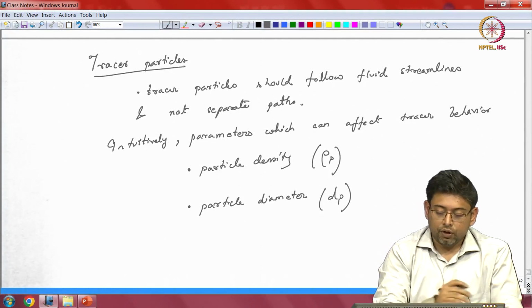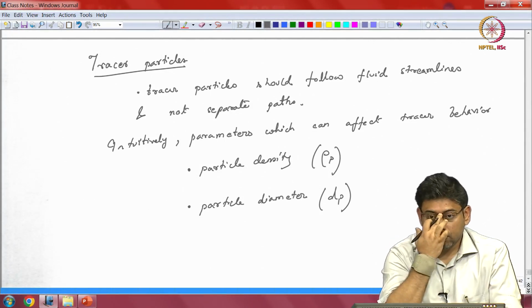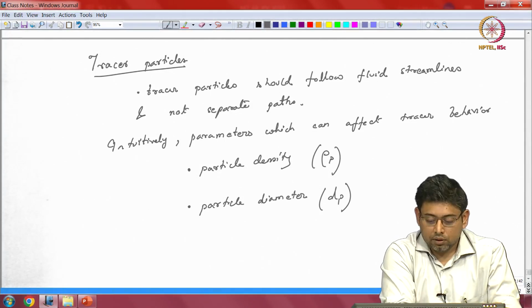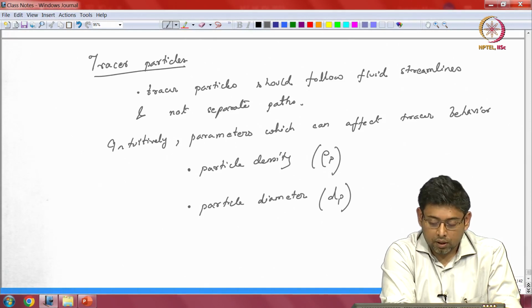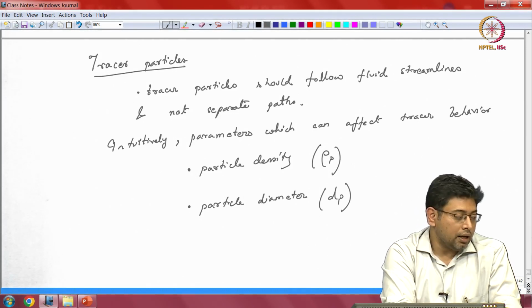And intuitively you can say that some of these quantities like the particle density and the particle diameter will have an impact on the behavior of the tracer particle, or rather the goodness of the tracer particle. Now, there is a way to quantify this further, and that is through a number called the Stokes number.